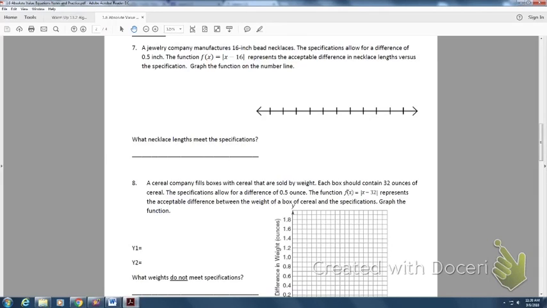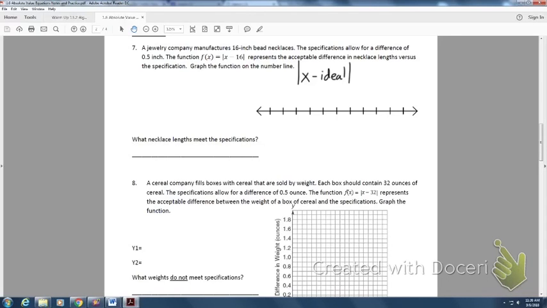To write the inequality, just to give you a little bit of a blueprint, you're going to do the absolute value of x minus the ideal, on this one length. That could be weight, the next one's weight, that could be a different kind of measurement, could be volume.